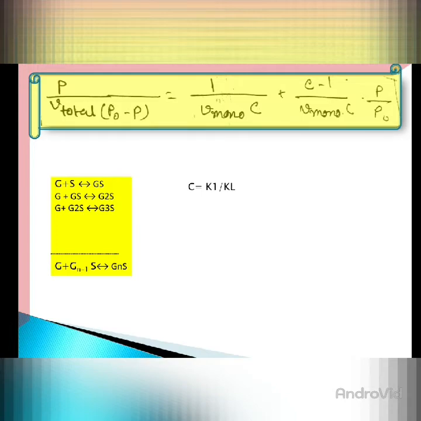For the monolayer adsorption, V mono is equal to the monolayer adsorption volume, and C is K1 by KL. Now what is K1 and what is KL?